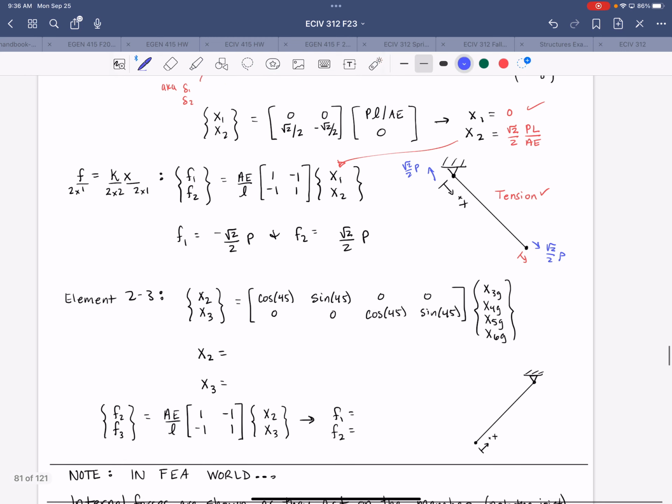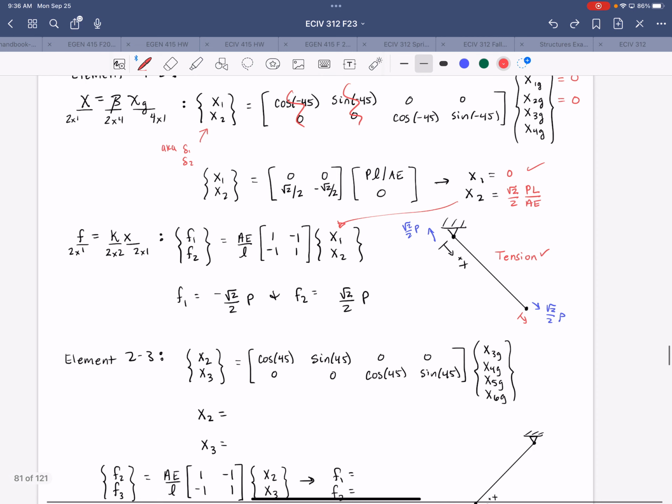For element 2, 3, similar approach, right? Now we know, plug in our values for x3g, which was PL over AE. Is that what that was? Yep, x3g was PL over AE.